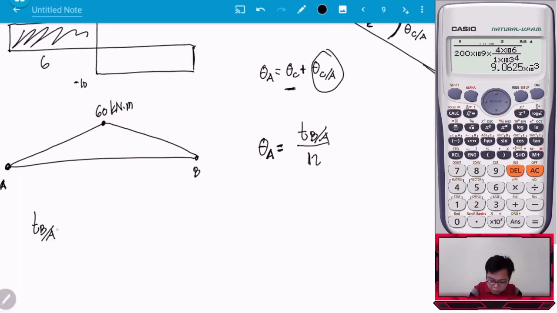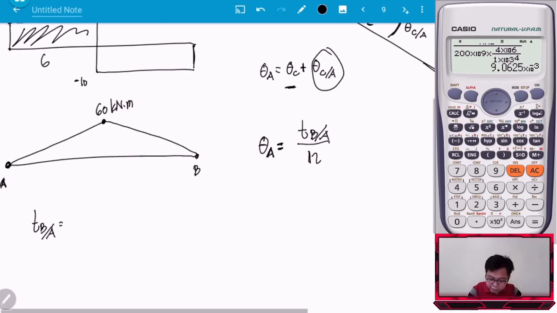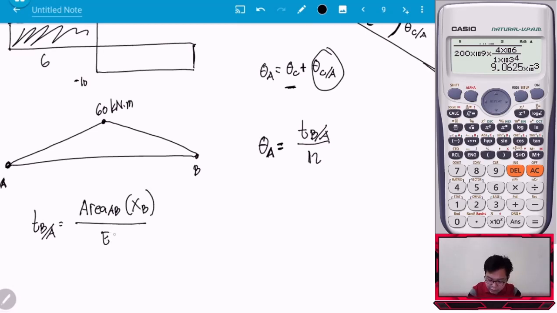TBA is equal to, what is our TBA? Area, di ba? Area from A to B, but our X is actually with respect to B over EI. Bakit? Kasi I am interested sa tangent at deviation at B. So, dapat to B yan. So, paano ba to?